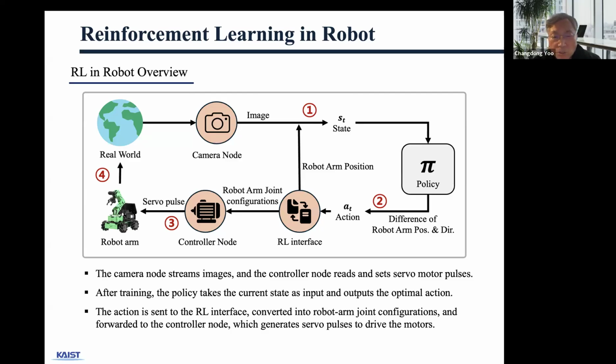So the policy provides the deltas from where you are to your objective, and then that delta is converted into a set of instructions, which is done through the RL interface. And this is the picture that you get.